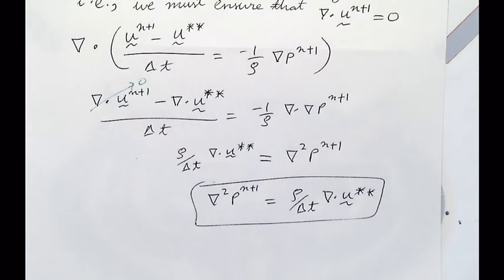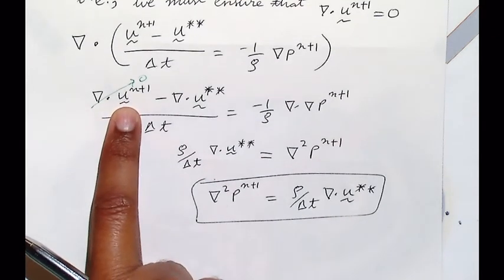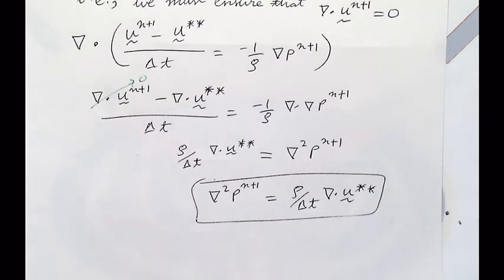Logically it might make sense, but no, because this is an intermediate solution, and we never enforced that this should be 0. That is exactly what we are trying to do now. So this intermediate solution will not be divergence free. But once you say this, then you can ensure that your u^{n+1}, the final step solution, is divergence free.